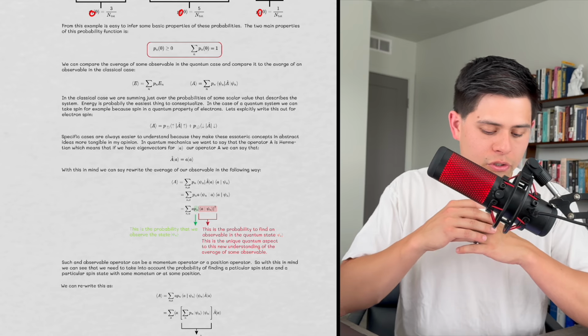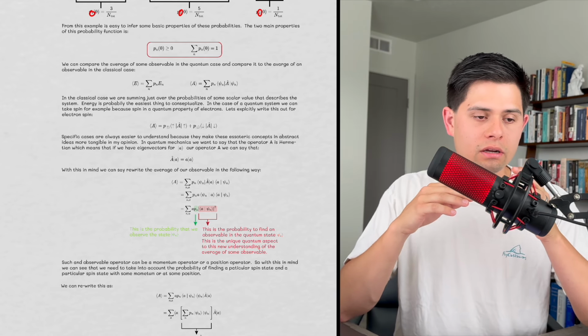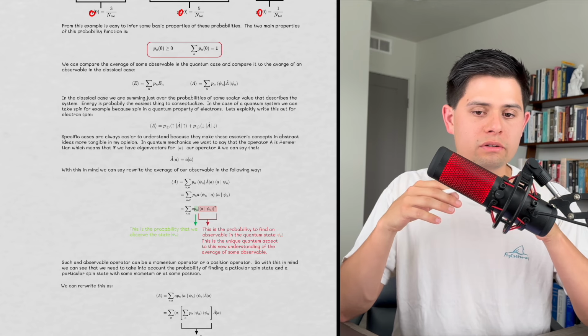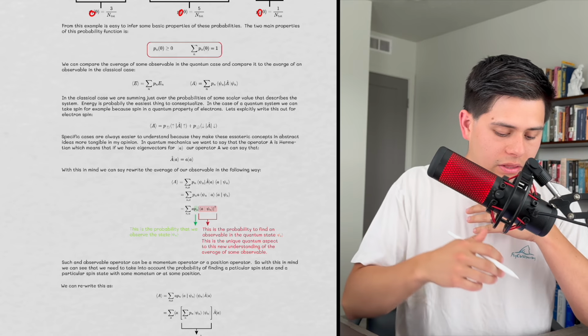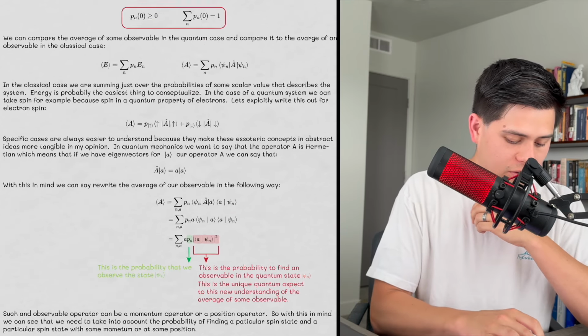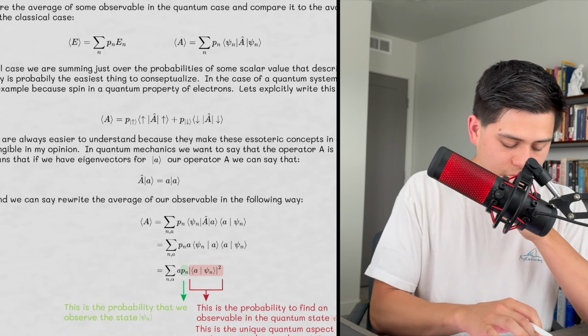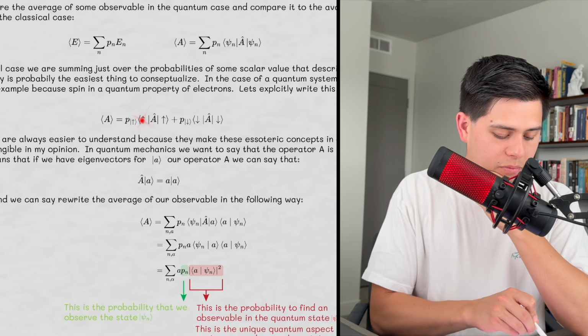But when it comes to quantum systems, because now we're looking at quantum states like spin, fully fleshed out it looks like this. So we can have the probability of going from spin up to spin up.